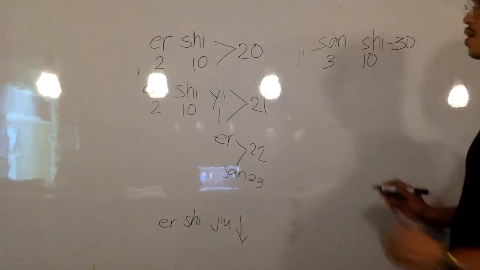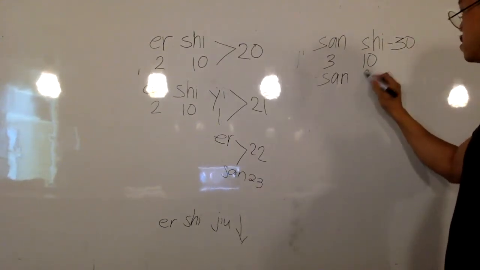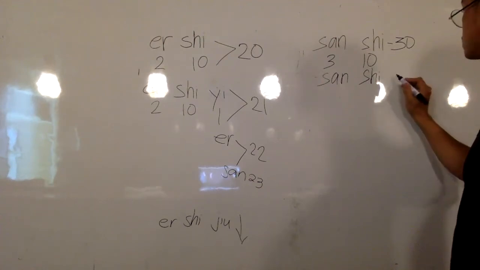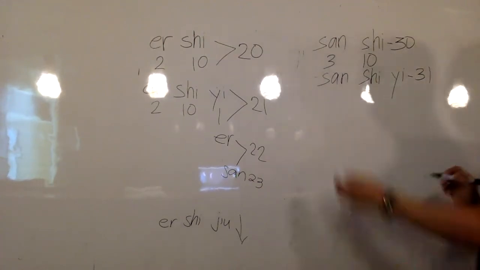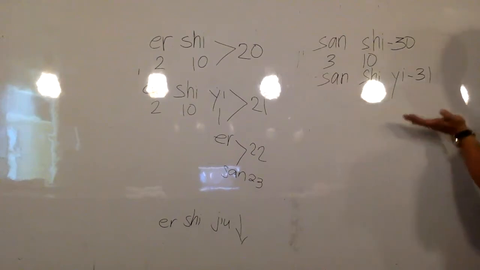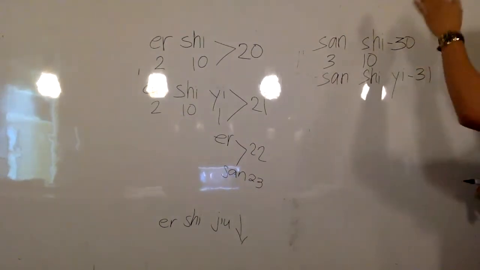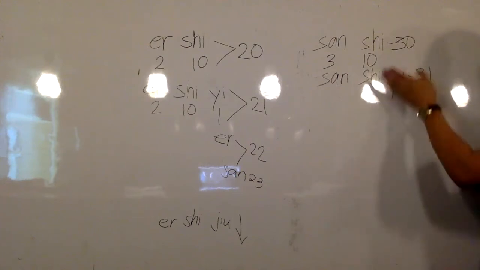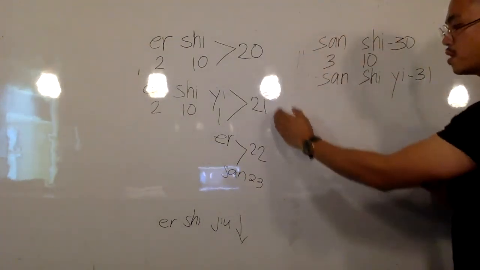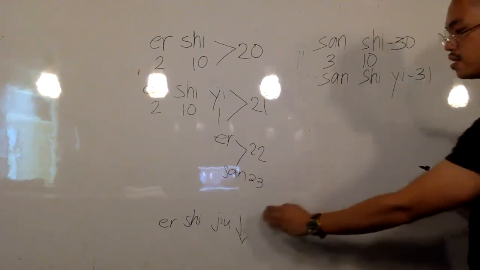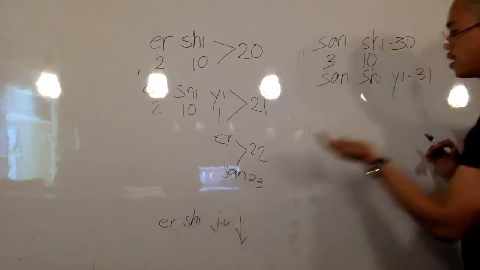How to say 31? Sān shí yī. The format of counting is the same until 9.